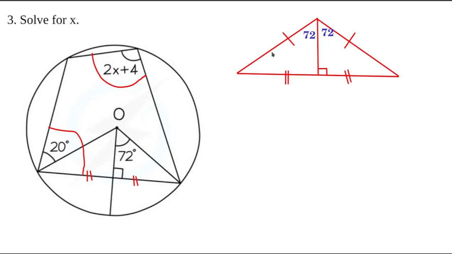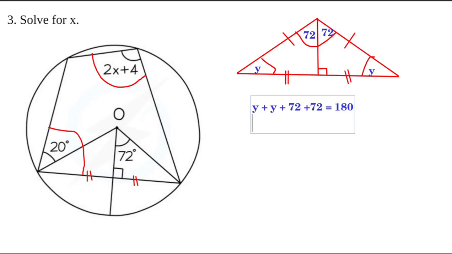Then now we need to find the base angles of an isosceles triangle. Let's call them y, so that y plus 72 plus 72 should give us 180 degrees, the sum of interior angles in a triangle.